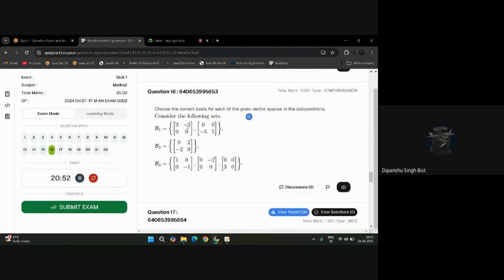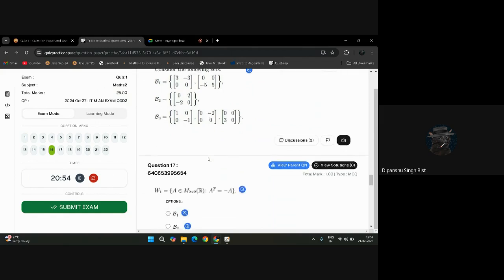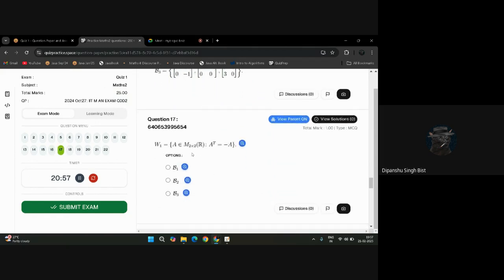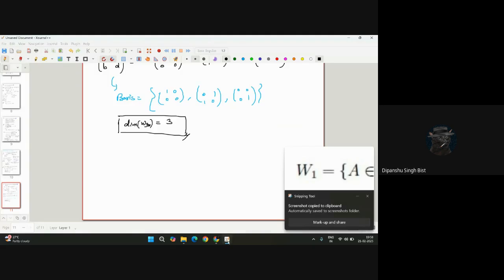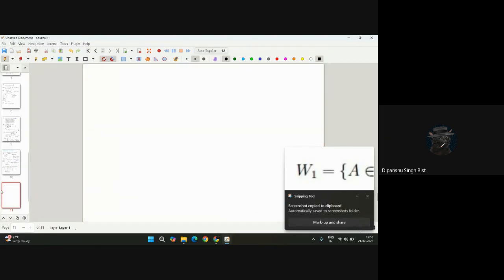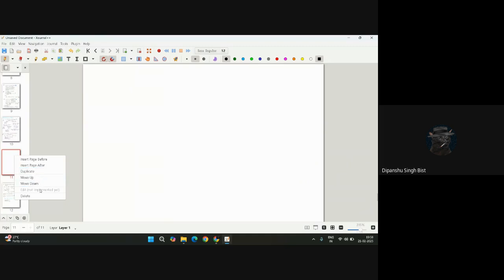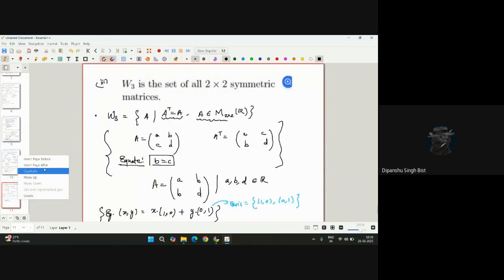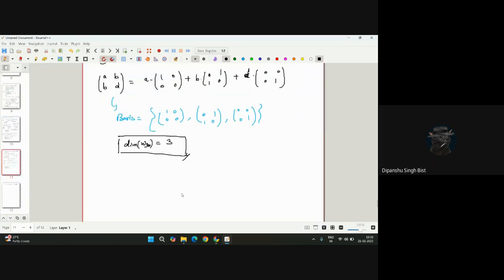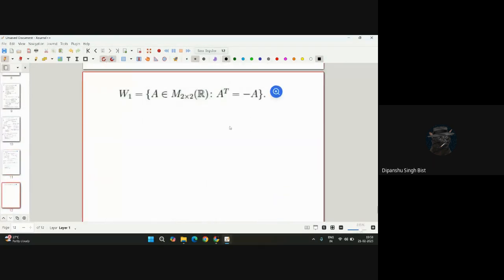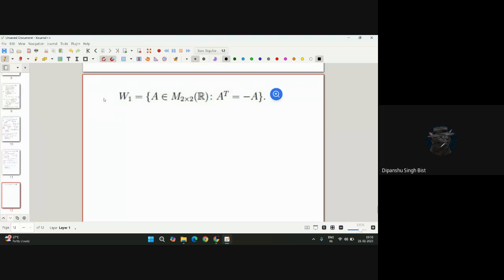Then it says some bases are given, and you need to find the basis for these things. Okay, so more problems, similar problems. So see, this time it's a skew symmetric matrix.